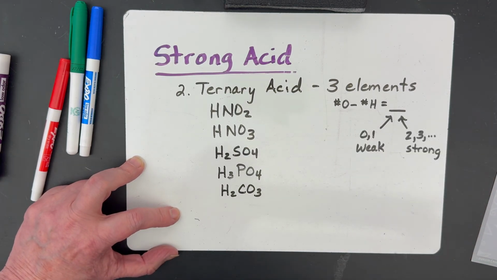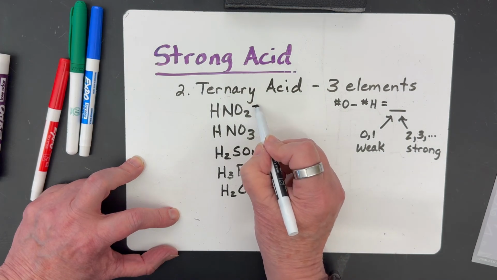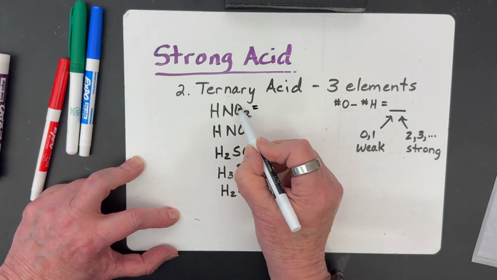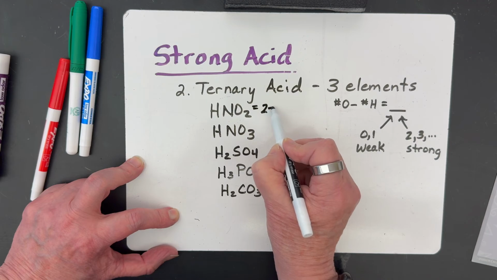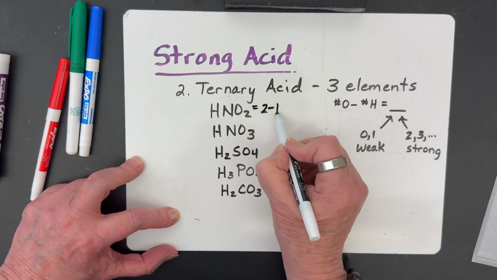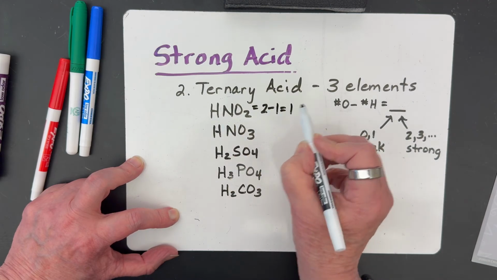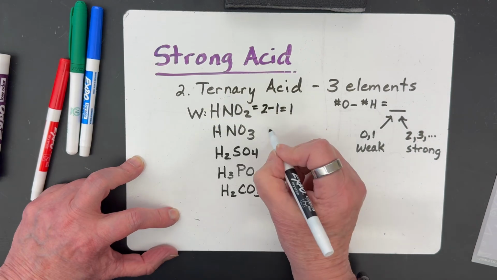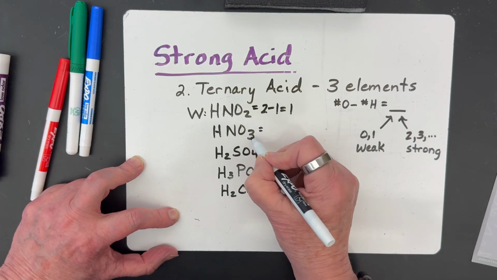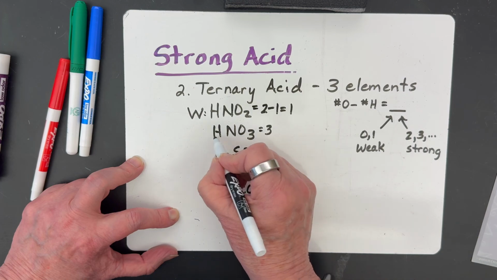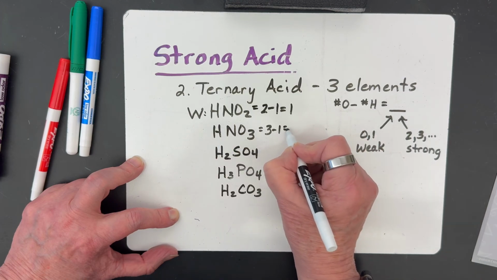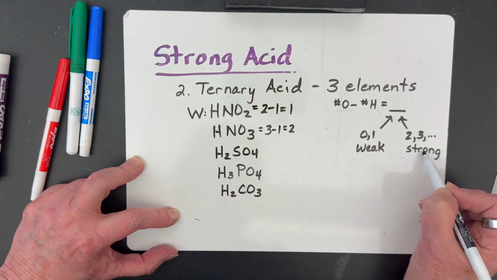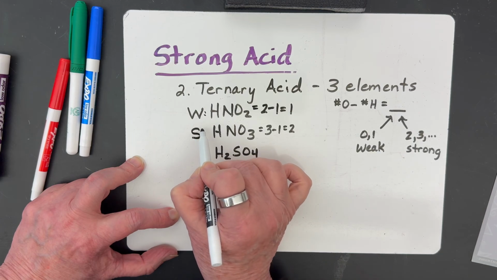So let's look at our examples. This one, we have 2 oxygens minus 1 hydrogen equals 1. Weak. This one, we have 3 oxygens minus 1 hydrogen equals 2. 2 is strong.